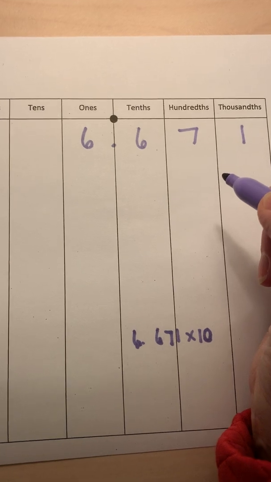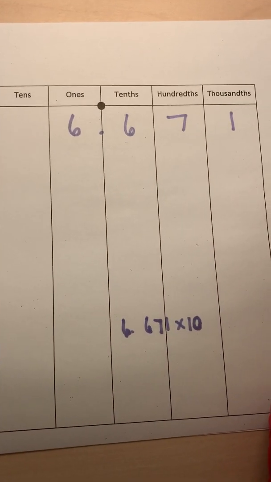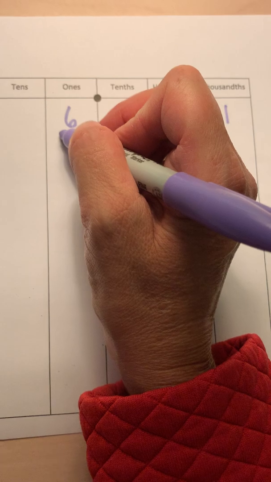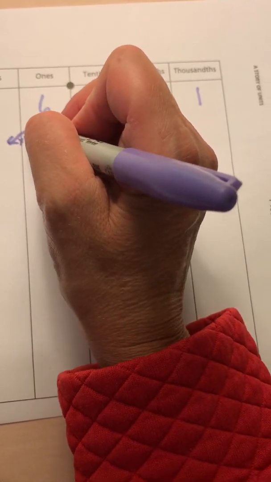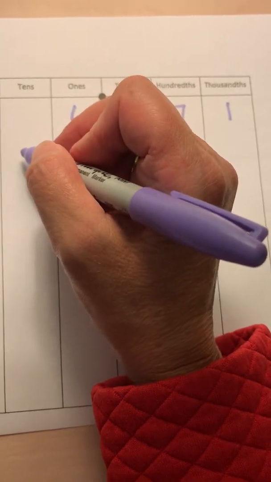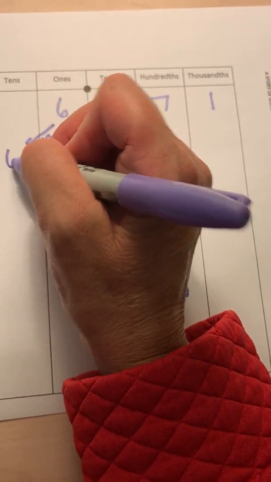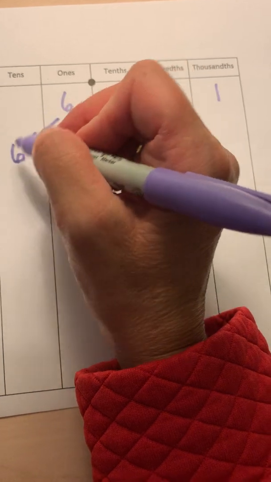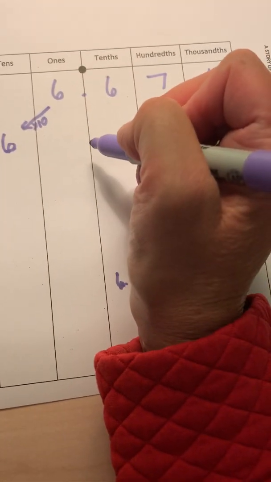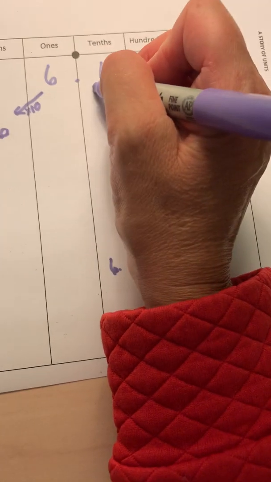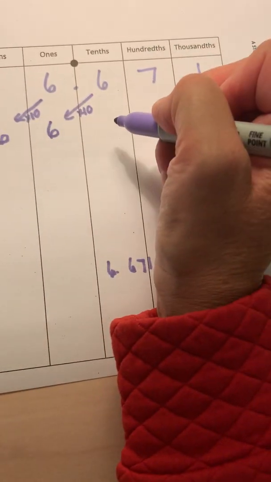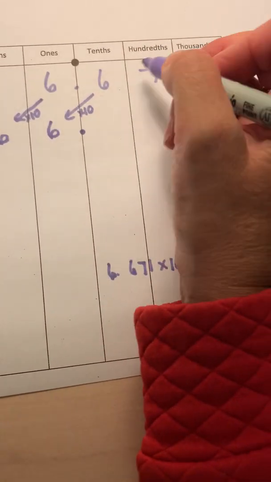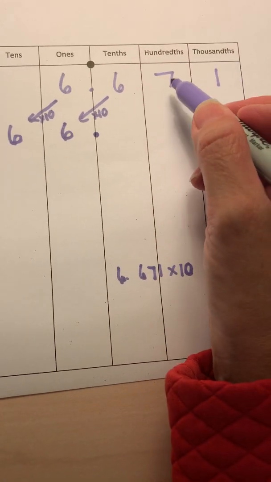So what we can do, instead of making all of the dots, we could just say 6 ones times 10 makes us shift over the digit 6. 6 ones times 10 becomes 6 tenths. We take 6 tenths and we multiply that by 10. 6 tenths times 10 becomes 6. Put our decimal point. We go to the hundredths place. We have 7 hundredths.